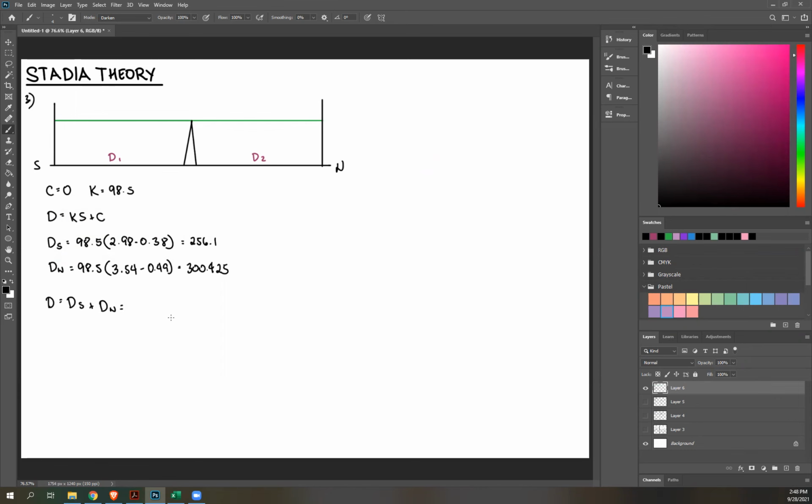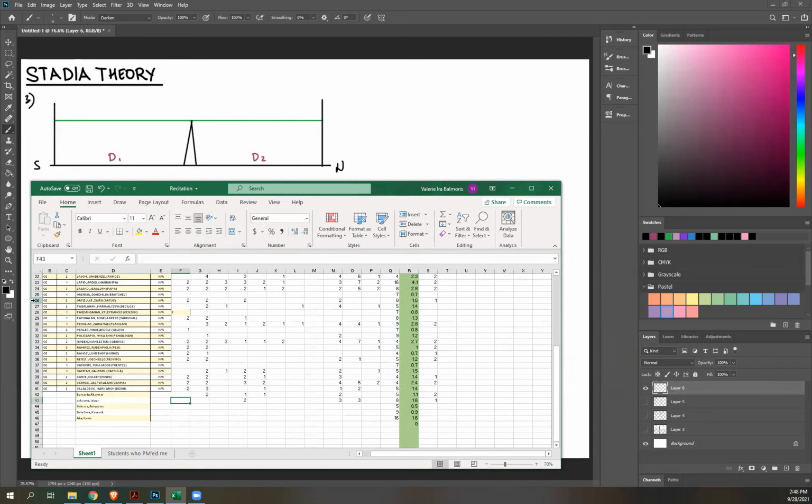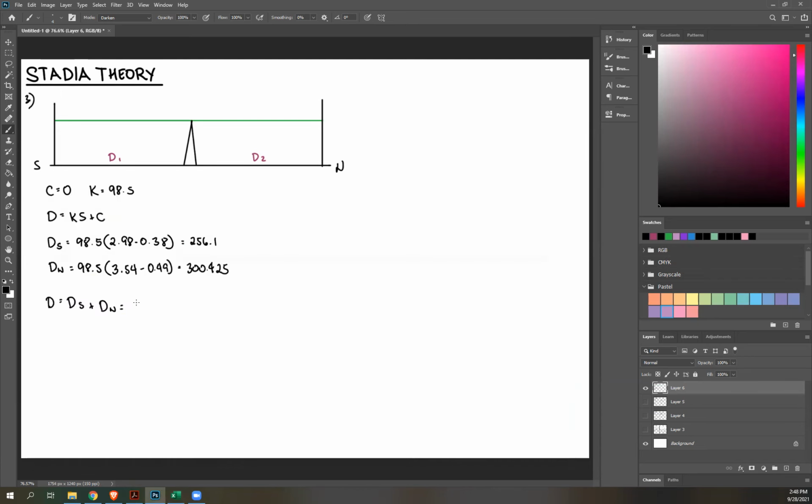Raymar and Zaira Bernardo. Okay, that's 556.53 since our final answer is rounded off to 2 decimal places. And that's it for number 3.